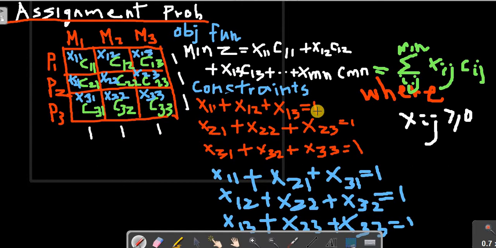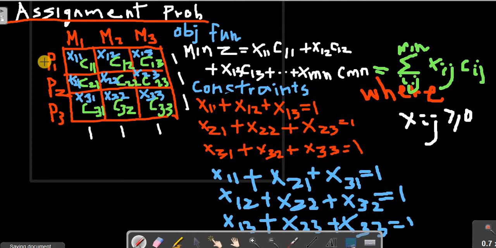Similarly, we can assign this particular person to only one machine, so he can be assigned here, here, or here. Any one of them becomes 1, the others become 0, so 0 1 0 is also equal to 1. The sum of the assignments must be equal to 1.